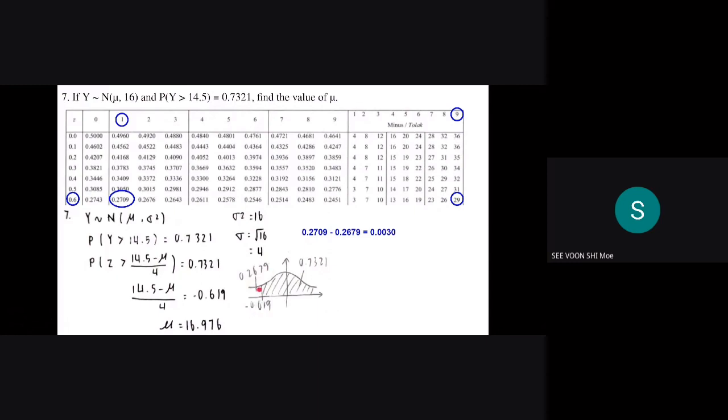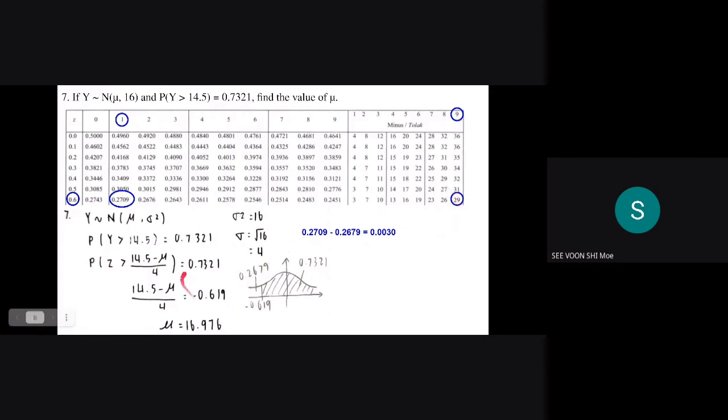So from the table we need to find, so we can see that this is 0.2709. You can find this number, and we use this number to minus 0.2679. So we can get the answer 0.0030. So the closest number of this 30 is 29 from the number 9.